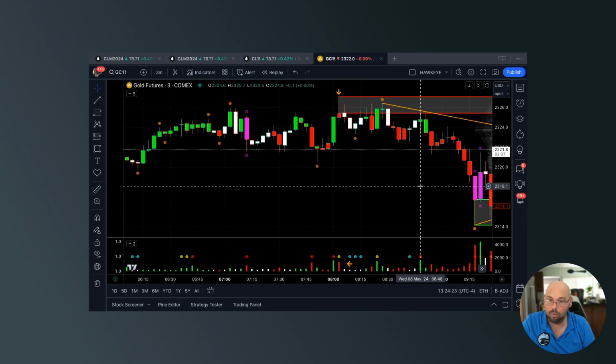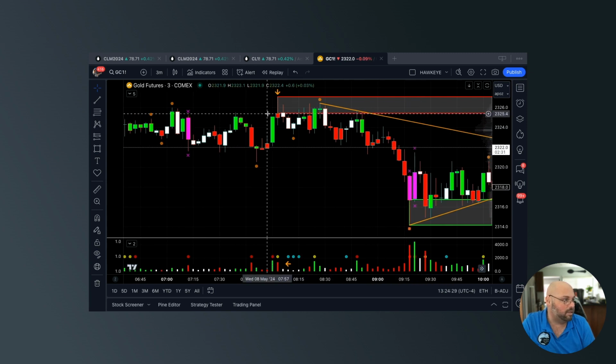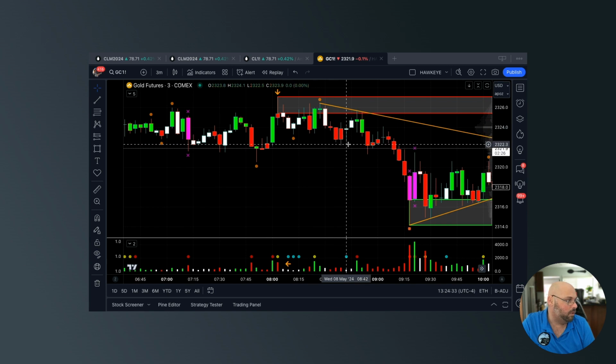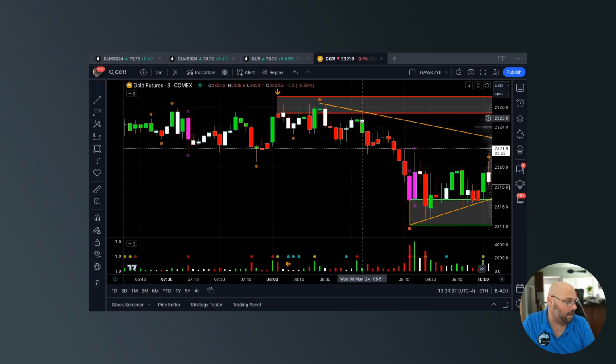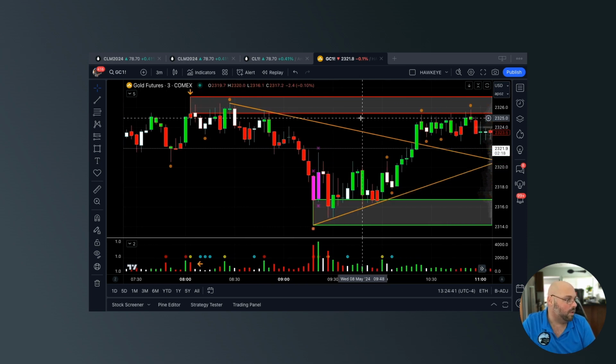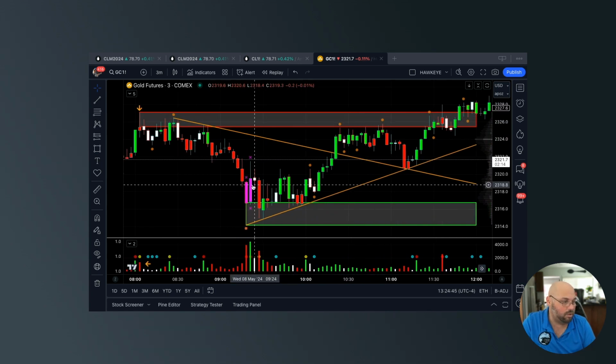Well, we danced within this wick until about 8:30. We came back to retest it, placing a lower high at 8:48 and 8:51, before we perfectly sold off into newly appointed support or demand.